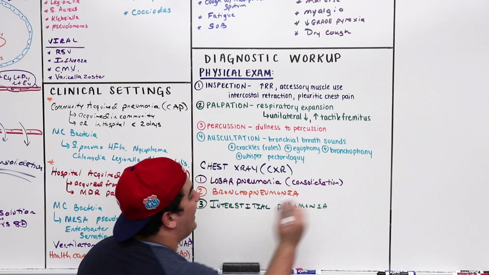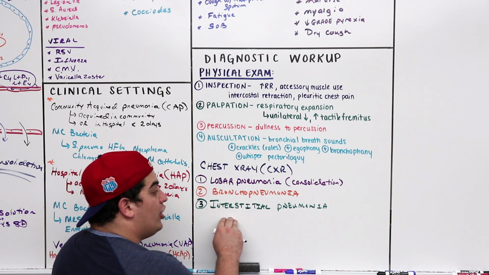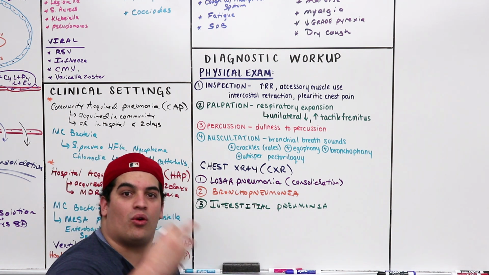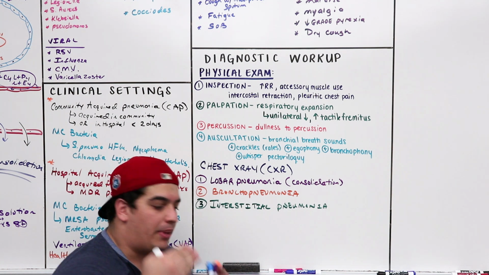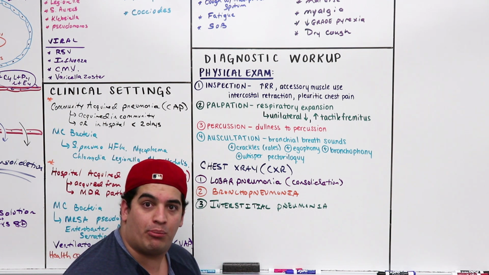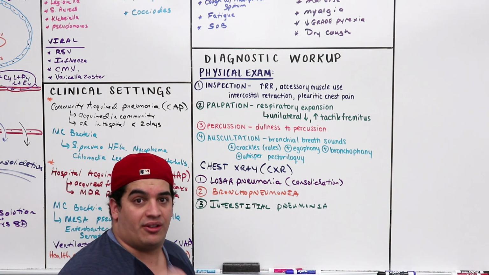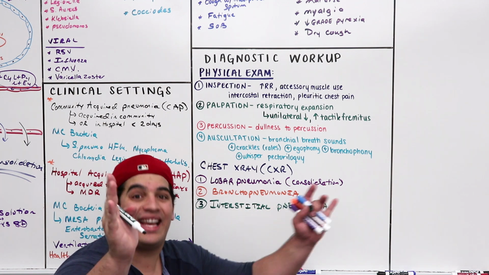This is also called atypical pneumonia. As you can read within the word, it's where the infection or inflammation is in the interstitial space between the pulmonary capillaries, in the alveoli, and the surrounding bronchioles. That's interstitial pneumonia. This one also is diffuse and patchy, but it's primarily reticular.